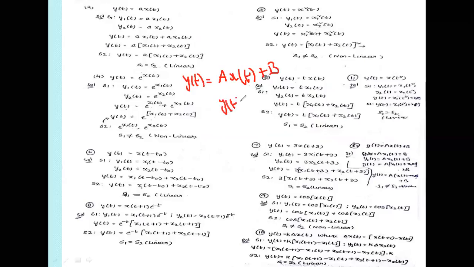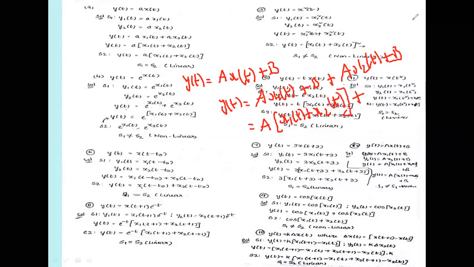Definitely, you'll get y of t is equal to a x1 of t plus b plus a x2 of t plus b. Okay, my dear students. Then take the common a: a times x1 of t plus x2 of t, plus b plus b is 2b, my dear students, 2b.